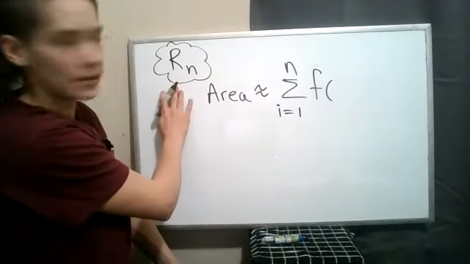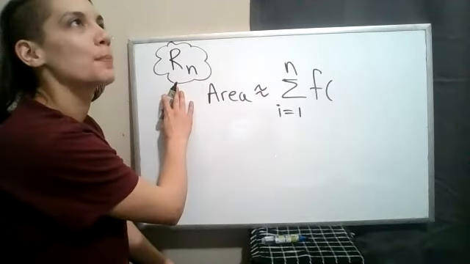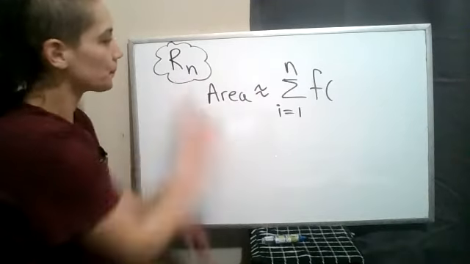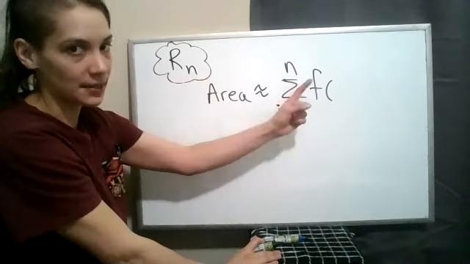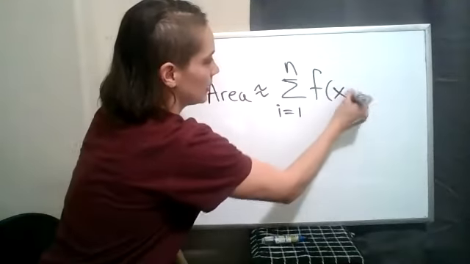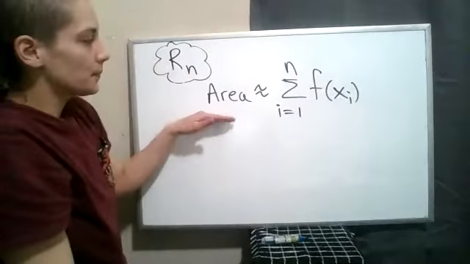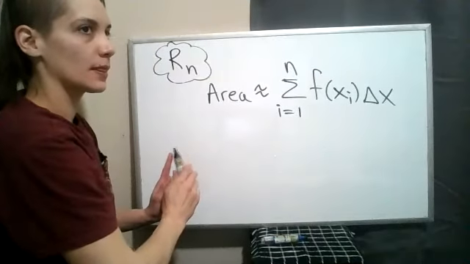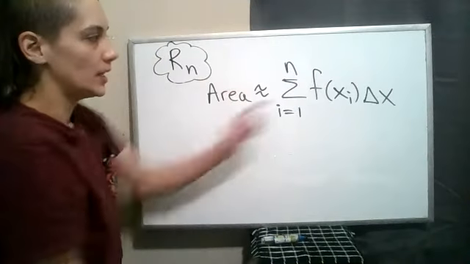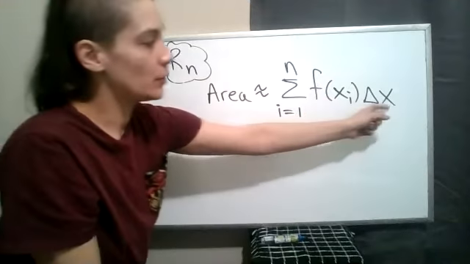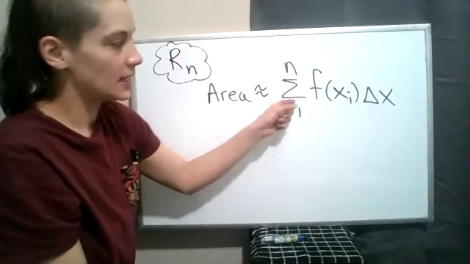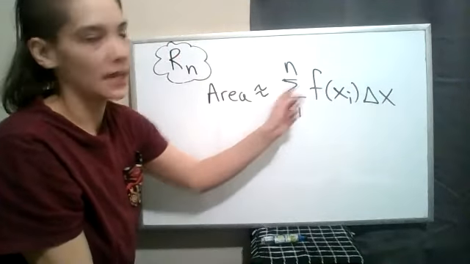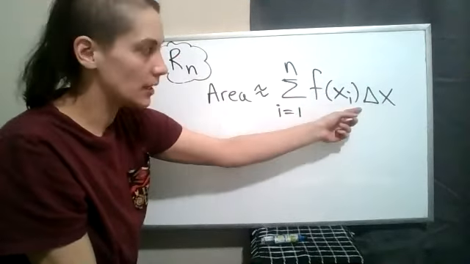Oh, actually I picked right hand. Okay, well, for right hand, it is x sub i, times delta x. So this is like the height of the rectangle, the width of the rectangle, and then add the area of the next rectangle till you get to the end.